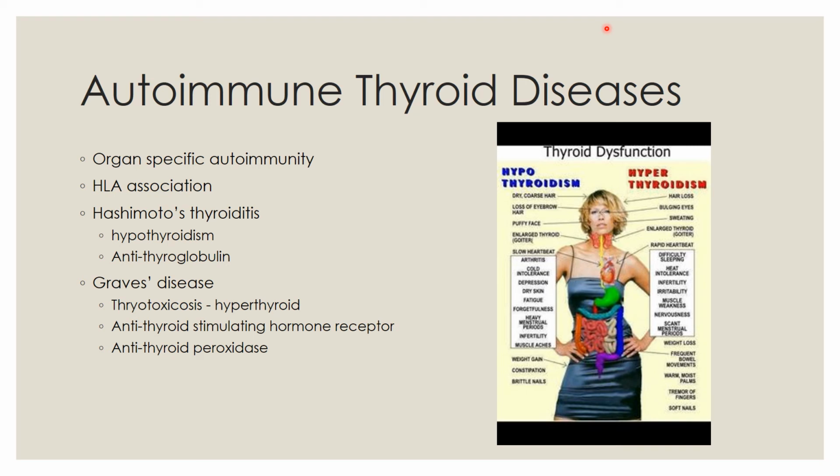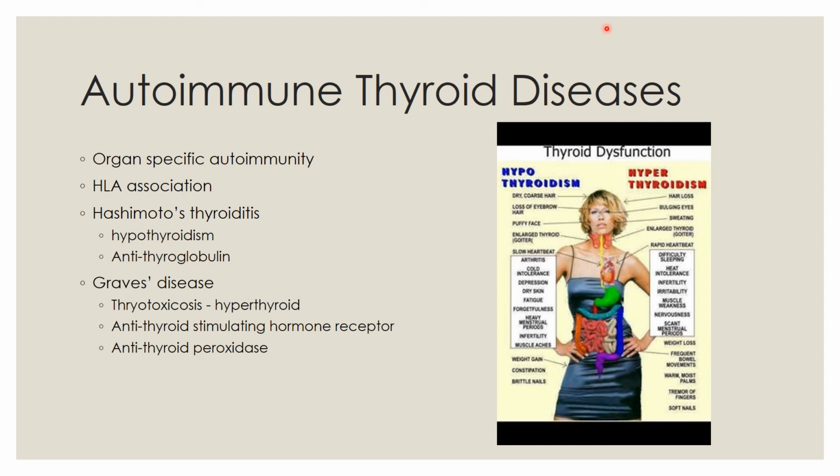The major antibody with Graves' disease is a thyroid stimulating hormone receptor antibody, or TSHR-AB. So it's the anti-thyroid stimulating hormone receptor, or TSH receptor. The other one they also produce is antibodies against thyroid peroxidase.